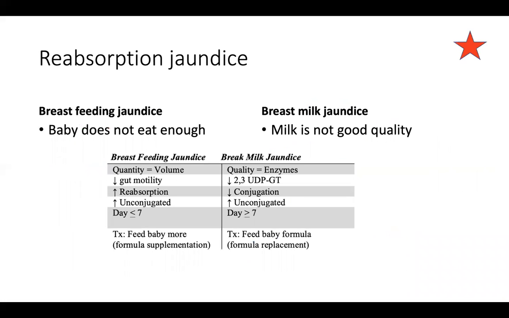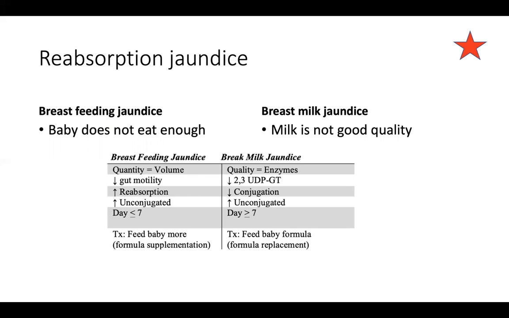So looking at reabsorption jaundice, there's breastfeeding jaundice and breast milk jaundice. These are really confusing sometimes. Breastfeeding jaundice is a feeding problem. They don't eat enough. Breast milk jaundice is a milk problem. The milk is not good enough quality. With breastfeeding, they're not able to move their bowels enough to conjugate the bilirubin.